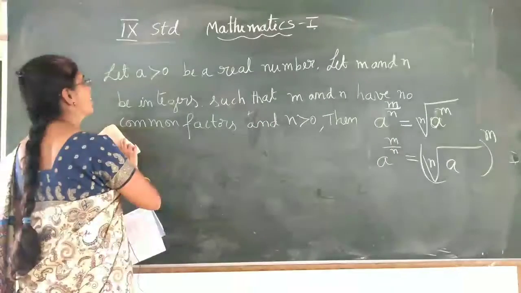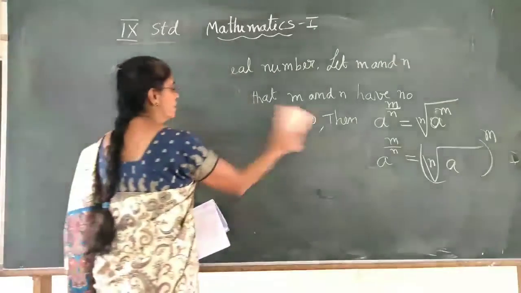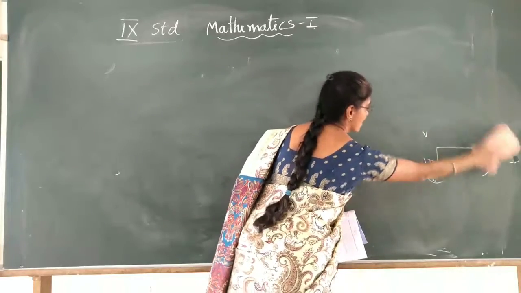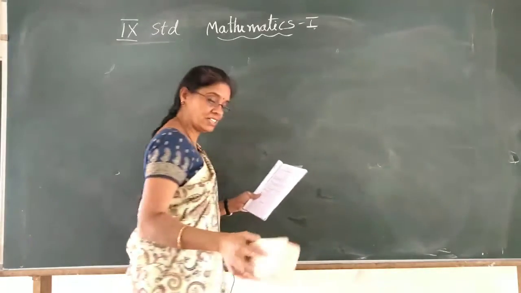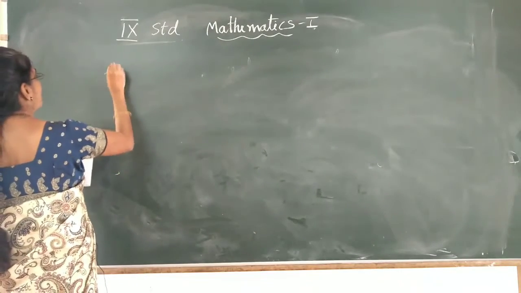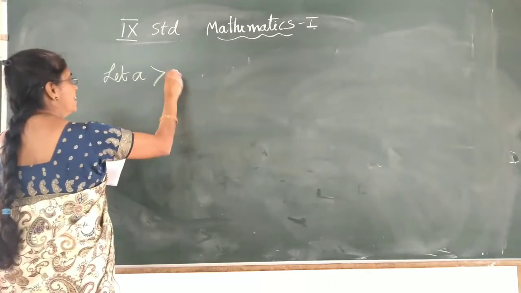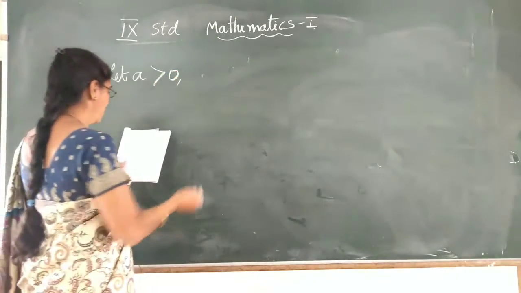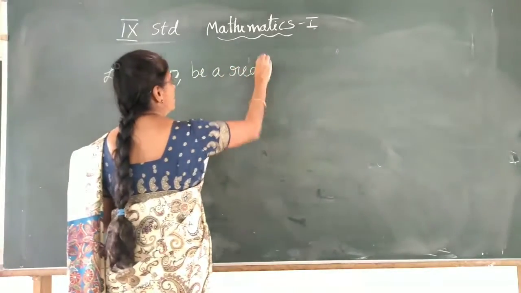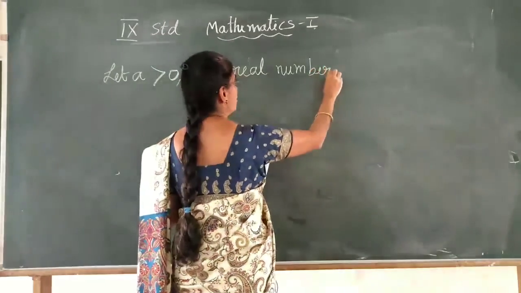And another one I will write now. One more rule on how to apply, we will write it once again, you take down. Another thing you have to bear in mind is, let a greater than 0 be a positive real number. So we are only talking about the positive real number.